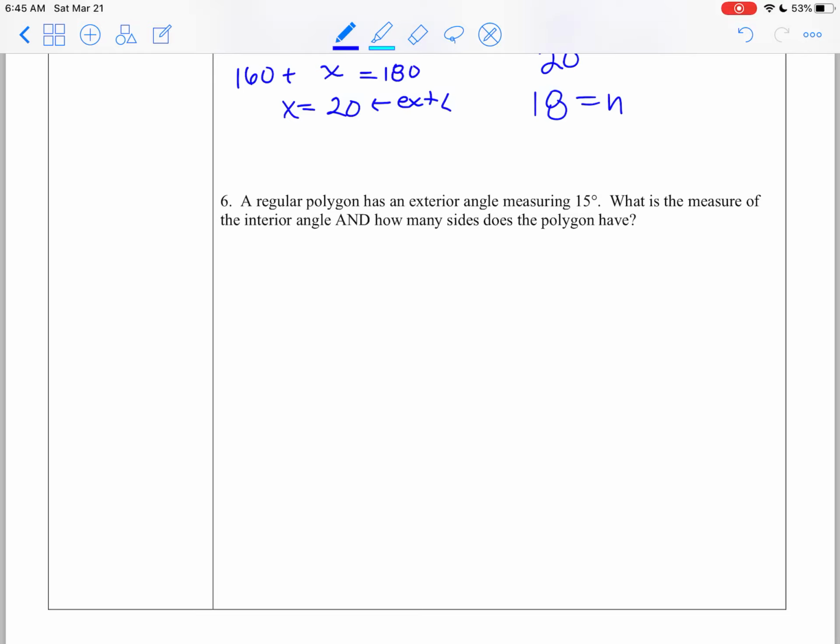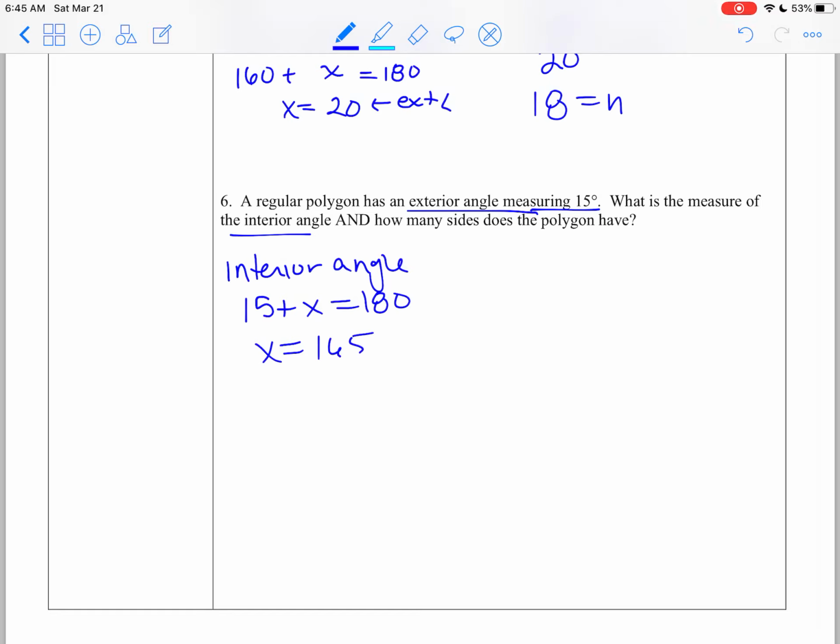All right, next one. A regular polygon has an exterior angle measuring 15. What's the measure of the interior angle? So we're looking for the interior first. Well, we already did something like this, so I'm just going to take 15 plus my interior equals 180.